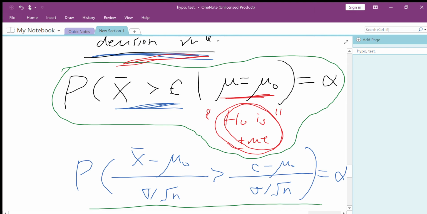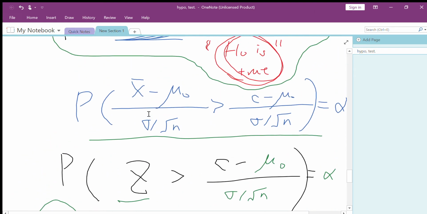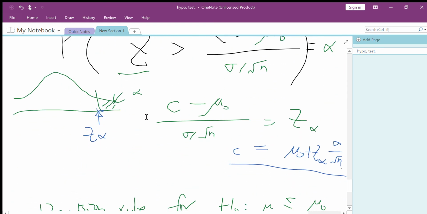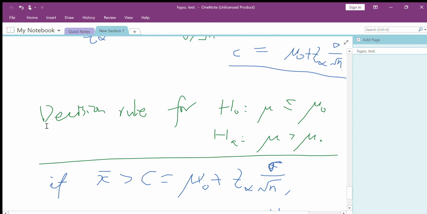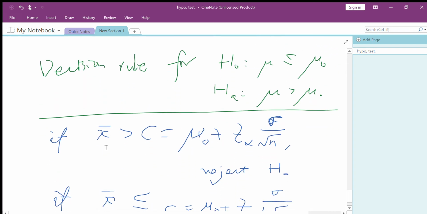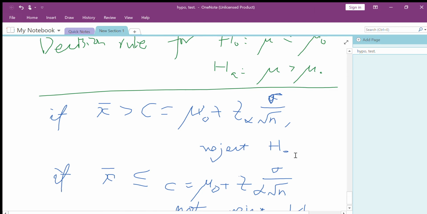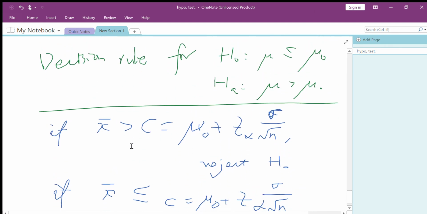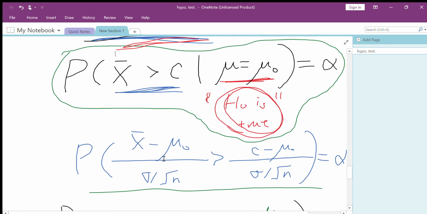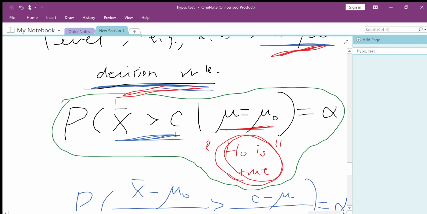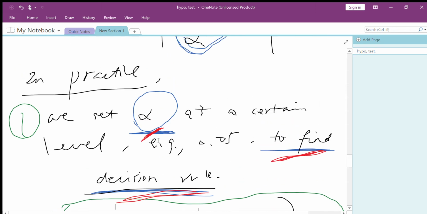So we just replace small x with small c, and with the help of standard normal transformation, we can find the decision rule in this example. If small x bar is greater than c, reject H null. If small x bar is less than c, do not reject H null. So why does the decision rule work?